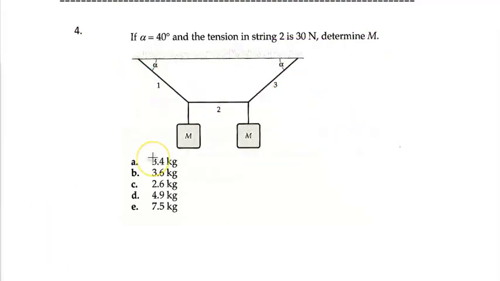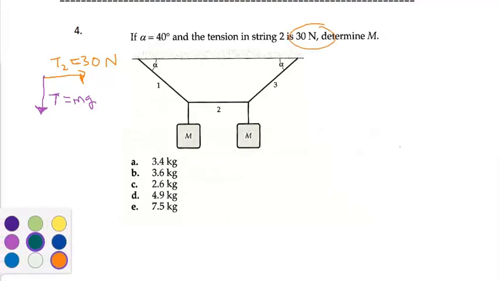Okay, so I looked at this one, and there's a tension here that happens to equal the weight, just like the normal force happens to equal the weight, but it isn't caused by it, it isn't the weight. You know that T2 is 30 newtons. That was given.